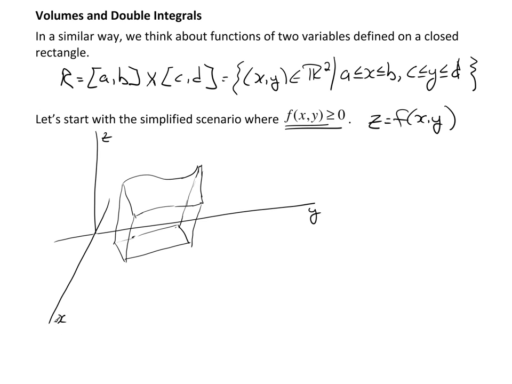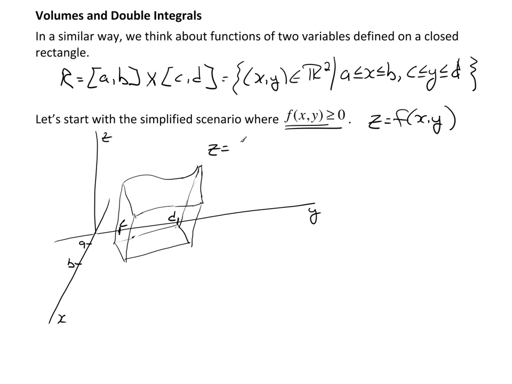Now what I've actually described here is x from A to B. So here's a range of x that gives me this piece of the rectangle. And then I've got y over here from C to D. And this is actually describing this rectangle that I'm working with. I kind of tilted this a bit, but I think you get the general idea.